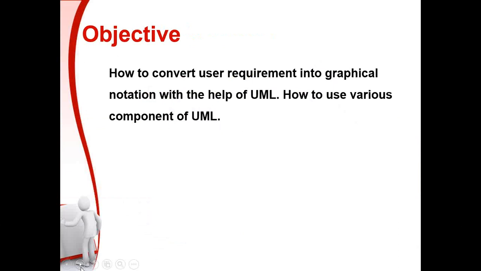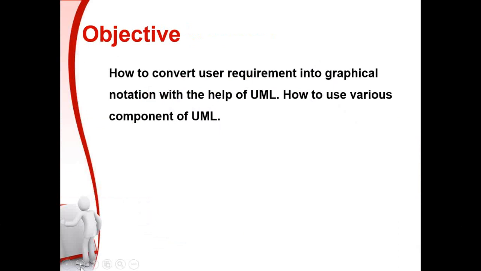When we talk about the need, every time you are working on a project, what exactly you are trying to explain with the help of a graphical notation is the deciding factor before you make up your mind about which kind of diagram you are going to use.